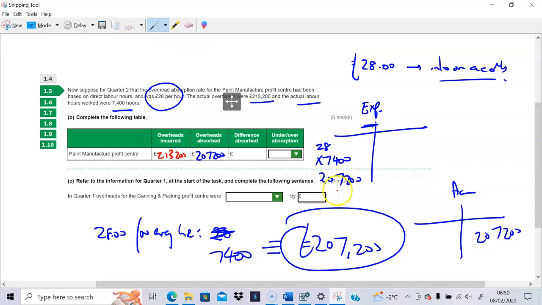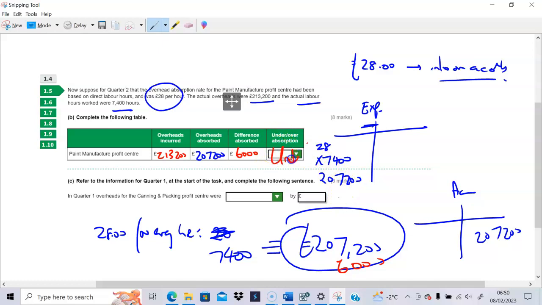So you haven't put enough in. I need to write a journal to put in an extra 6,000. There's a difference of 6,000, so I've under-absorbed. I'm currently in a state of under-absorption, so I need to put some more in.